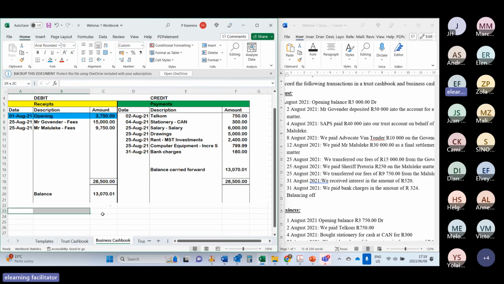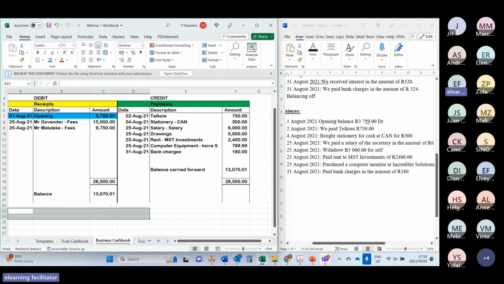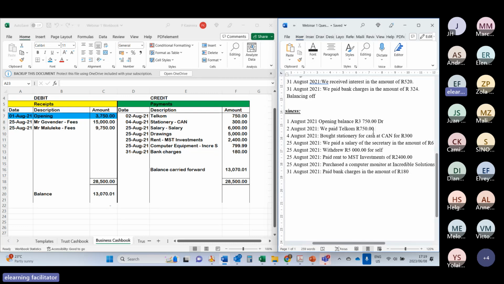And then I am going to create our ledgers. The first one would be for Telkom, I think. Let's go down. So we paid Telkom 750. This is not so detailed in terms of whether we recognize Telkom as our creditor, or whenever we pay, we treat it as an expense.